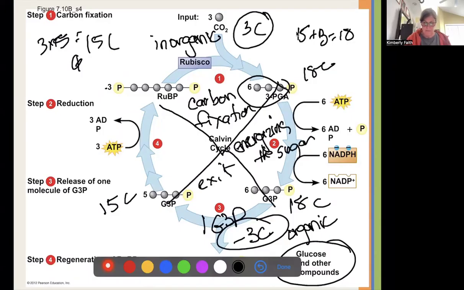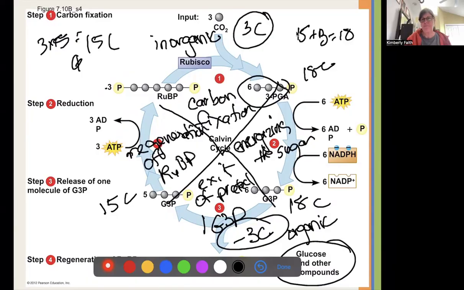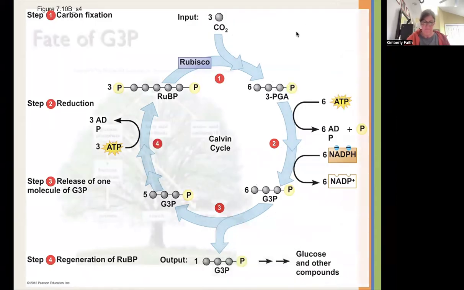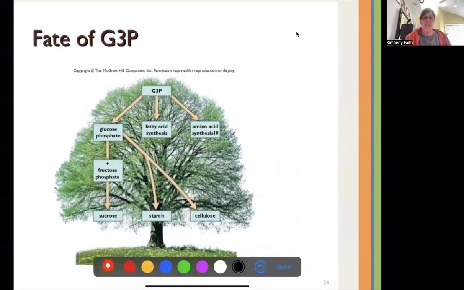Exit of product. And the last one is regeneration of RuBP. Okay. The fate of G3P.